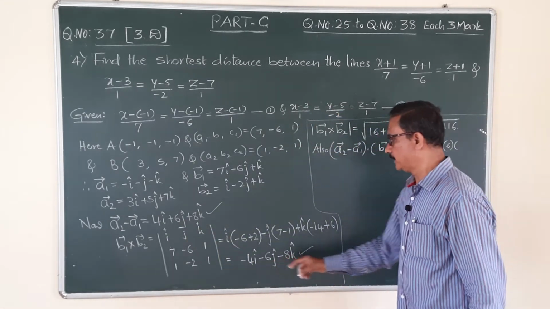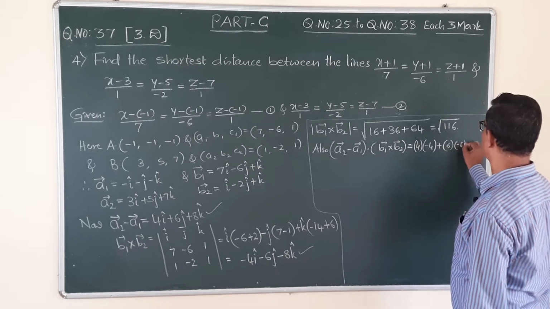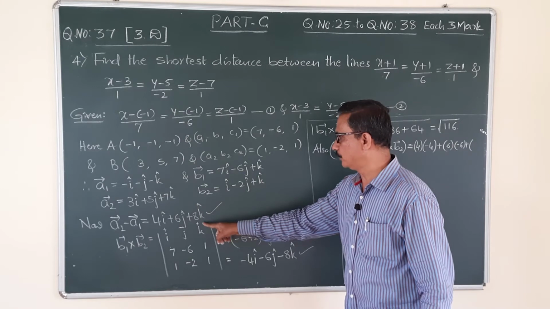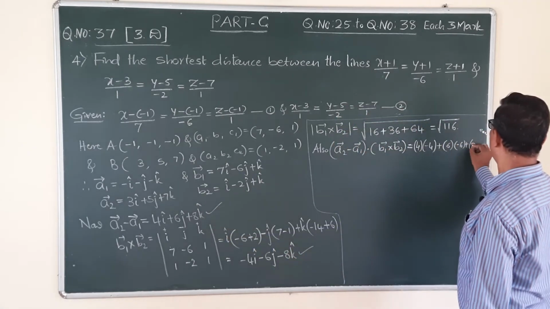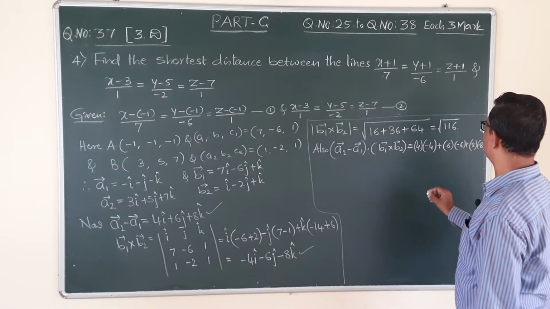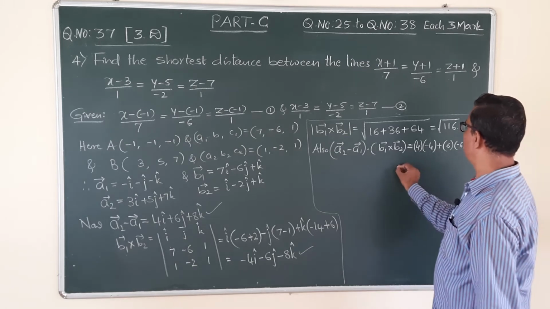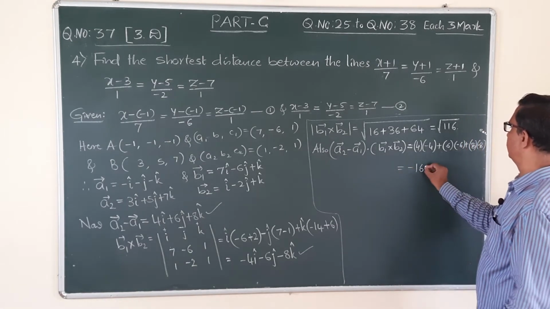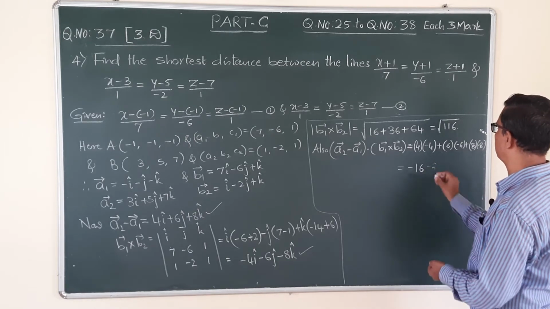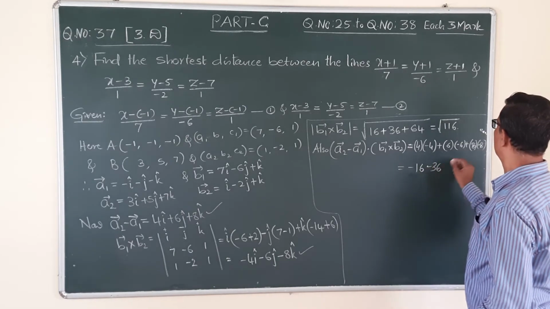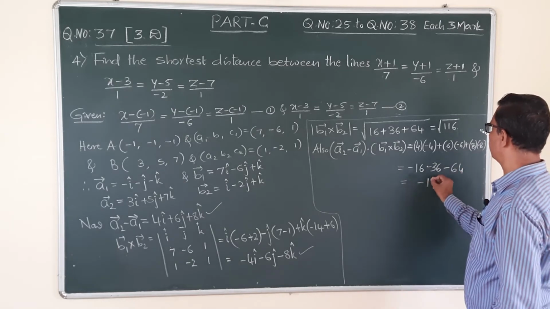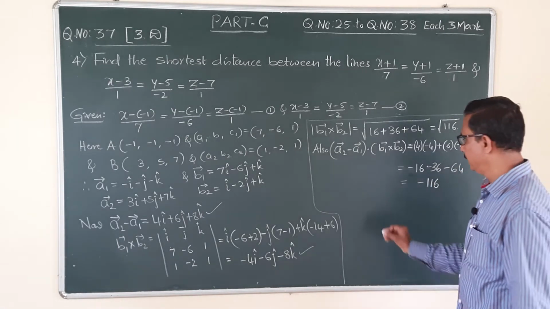Coefficient of j in vector b1 cross b2 is minus 6, plus coefficient of k in vector a2 minus a1 is 8 and here minus 8. Simplify: minus 16 plus into minus 36, then plus into minus 64, that is minus 116.